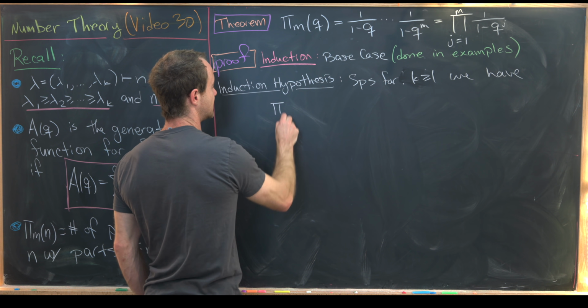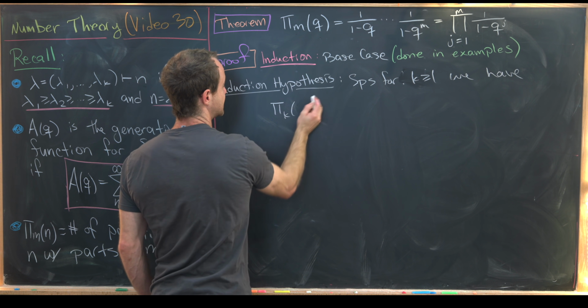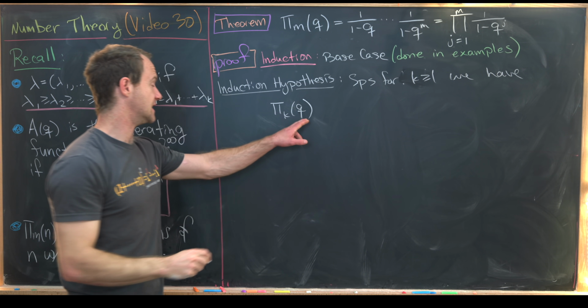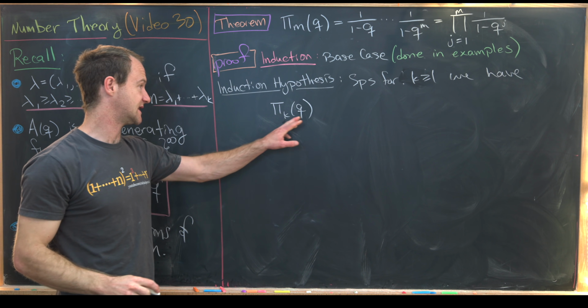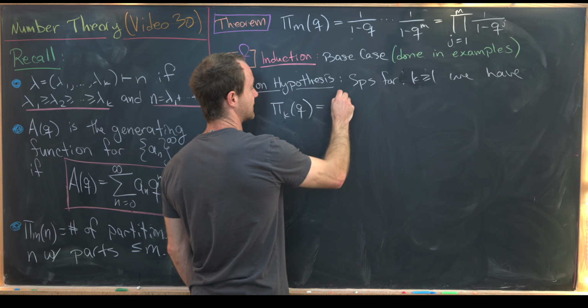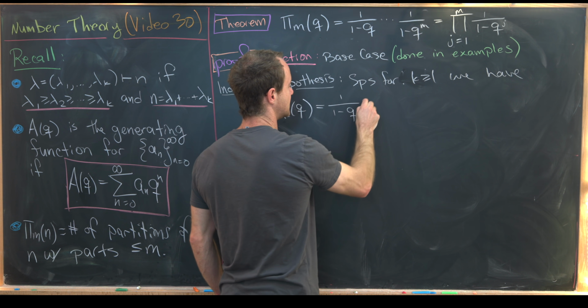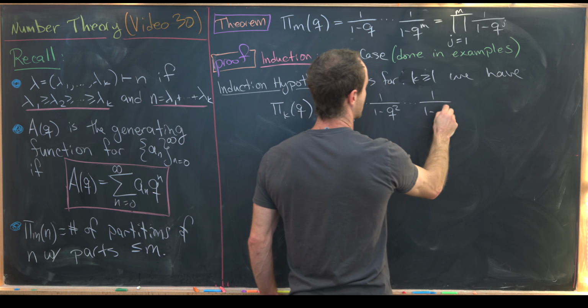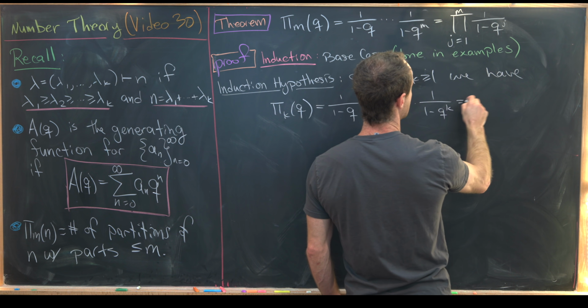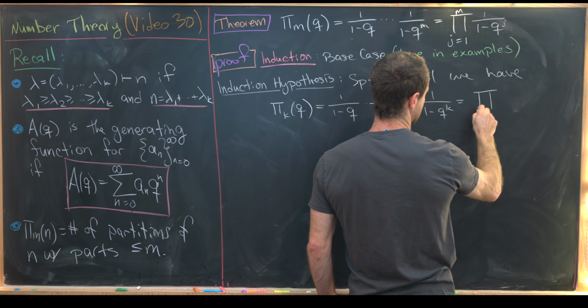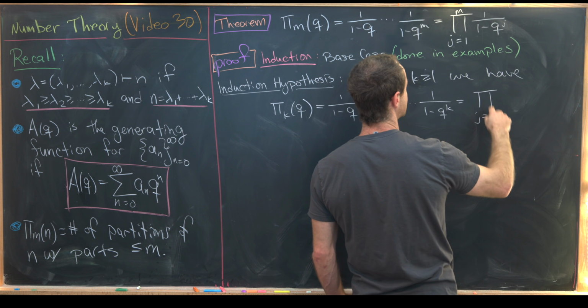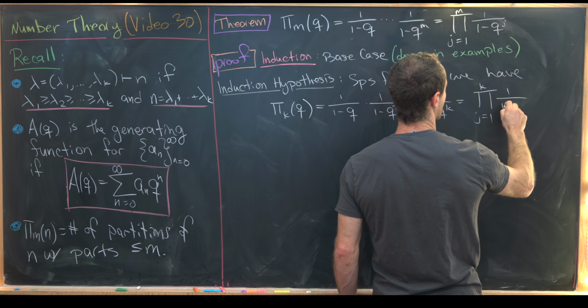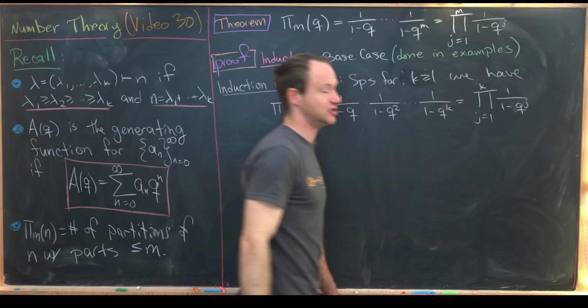In other words, the number of partitions of n into parts that are less than or equal to k has the following generating function: 1 over (1 minus q) times 1 over (1 minus q squared), ending at 1 over (1 minus q to the k). But we could rewrite that with product notation as the product as j goes from 1 to k of 1 over (1 minus q to the j).